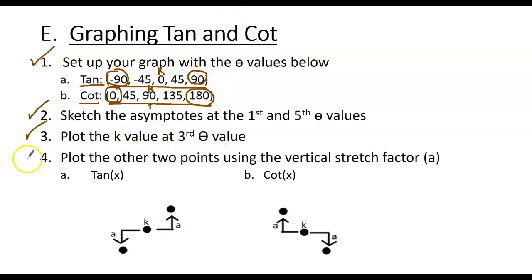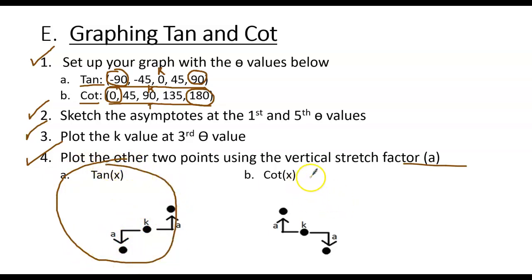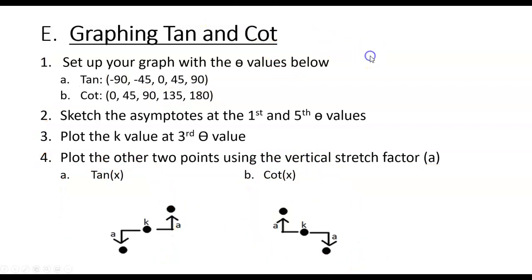And then finally, plot the other 2 points using your vertical stretch factors. So from K, you're going to go over 1 space and then up A spaces, over 1 space and down A spaces. This is for tangent. For cotangent, you do the same thing, it's just in the opposite direction. Okay, so we'll do a couple of examples to bring that to life for you here.